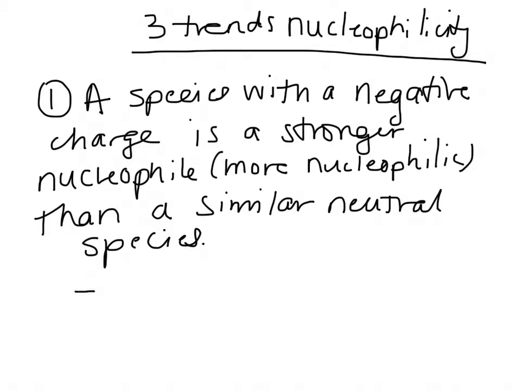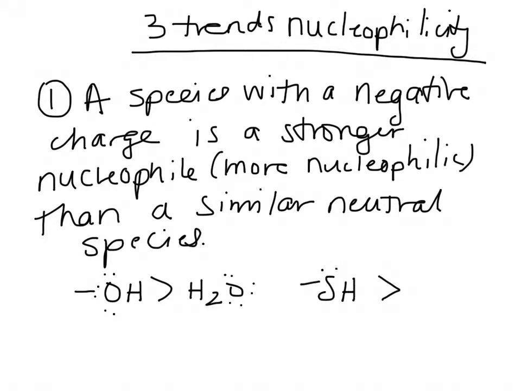So for example, OH- is a stronger nucleophile than water. SH- is a stronger nucleophile than H2S. This stems back to what we looked at before, where the base is the stronger nucleophile compared to the conjugate acid.